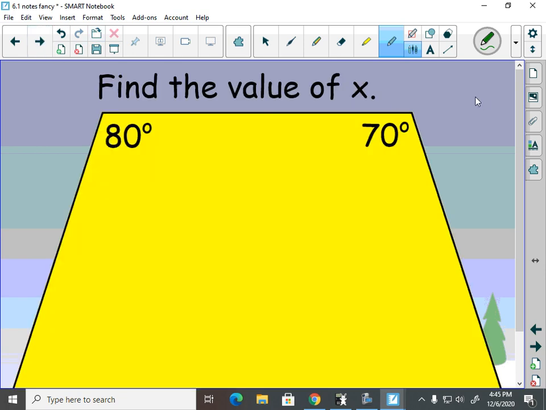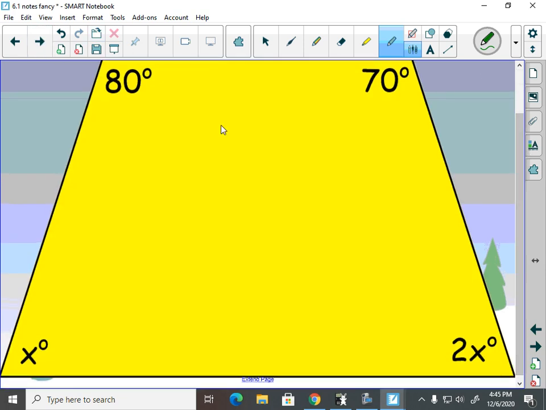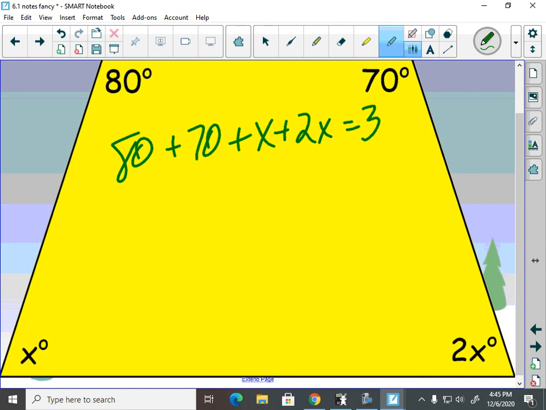Find the value of x. So I better do this one. 80 plus 70 plus x plus 2x equals 360 because it's a quadrilateral. 150 plus 3x equals 360.